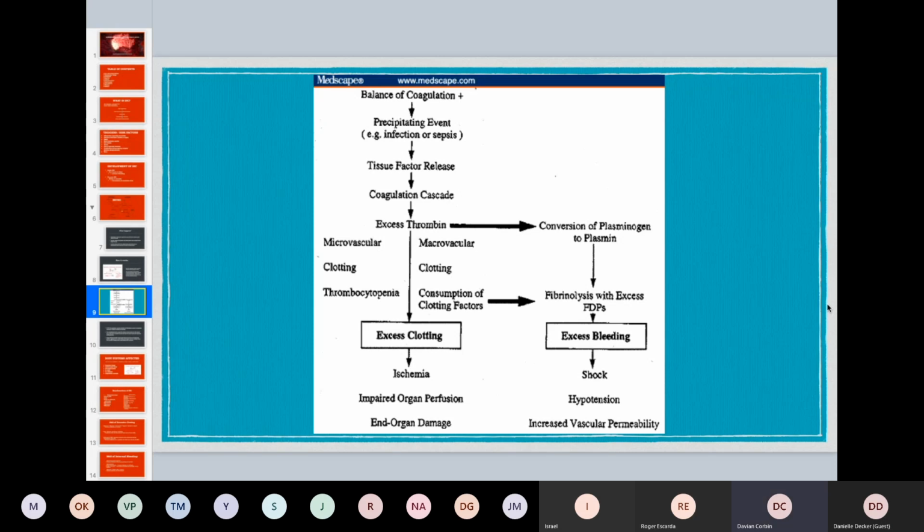Then you can see here the two different pathways it can go to. You have the excess clotting, which makes clots and can produce ischemia, or you can use up all the clotting factors and go into shock from hypovolemia, I think.